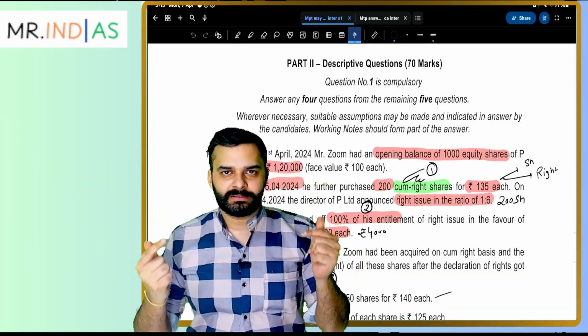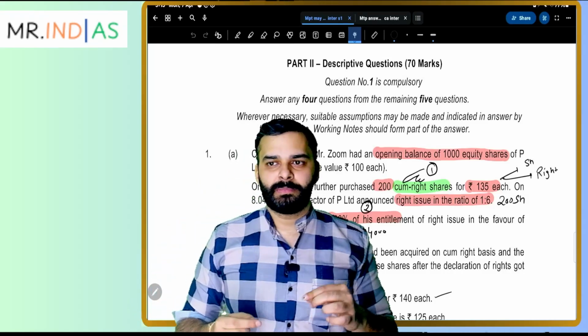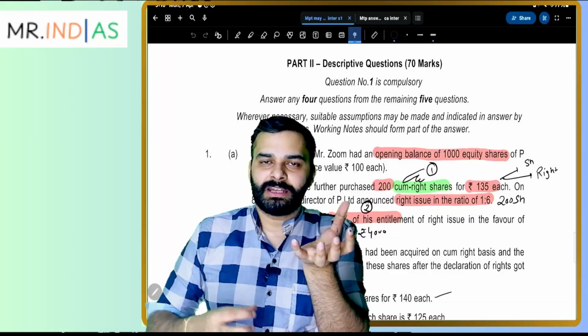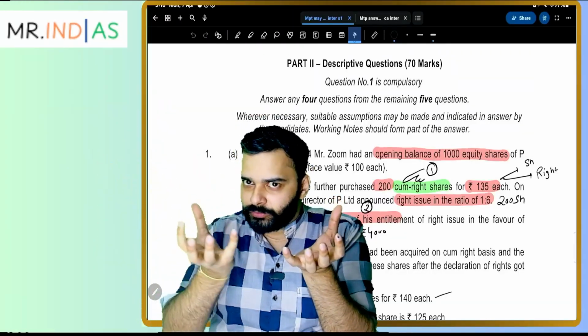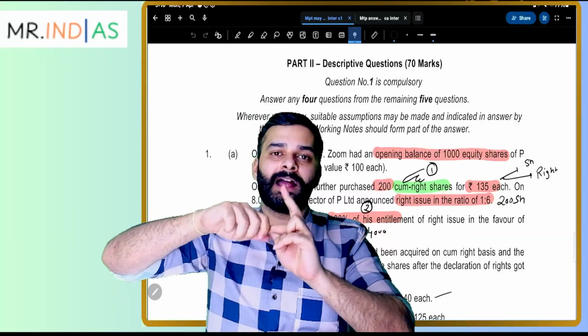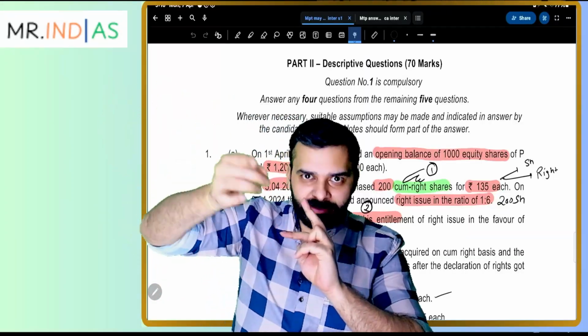The moment this triggers, the market responds, and the share valuation is attracted toward the right, because the holder of the share will now get two things, the share and a right to get more shares at a discounted price.